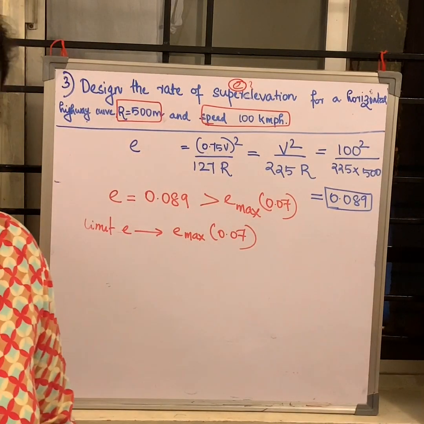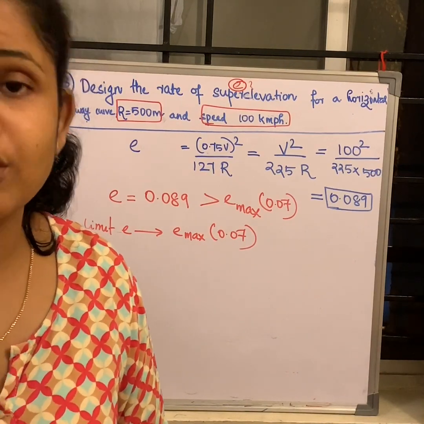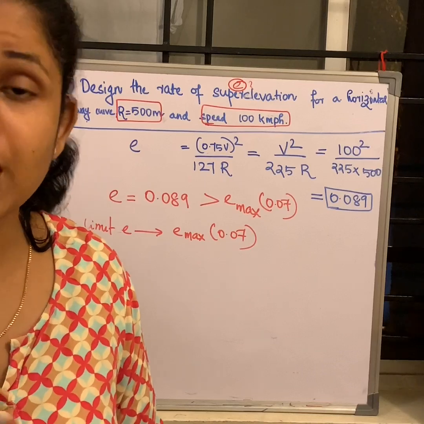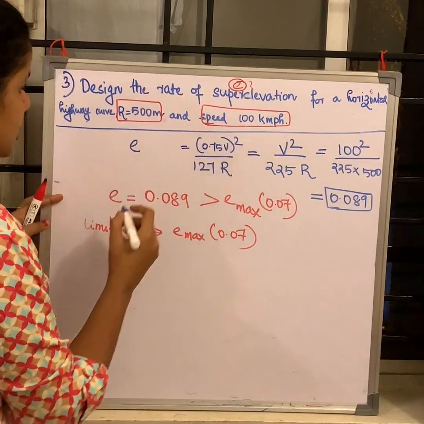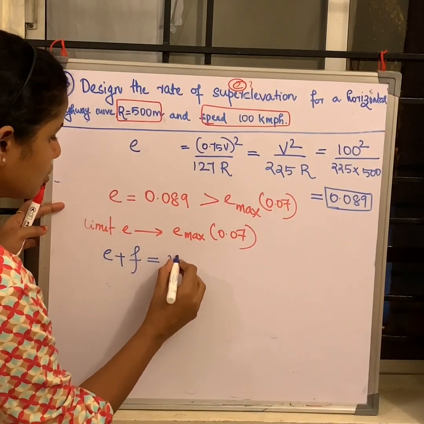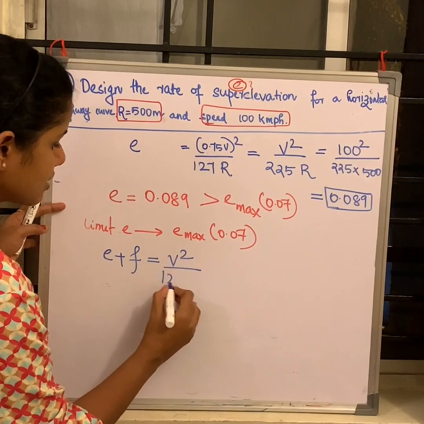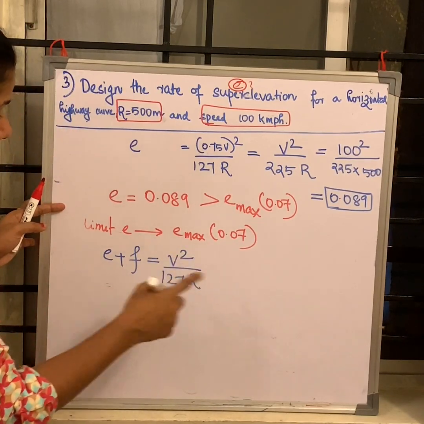So you are considering design superelevation as 0.07. But in that case, what is the next thing you need to check? You need to check how much coefficient of friction is developing, assuming the full speed. So assuming full speed means 100 km per hour. The equation is the very old equation E plus F is equal to V² divided by 127R, writing V in kilometer per hour.